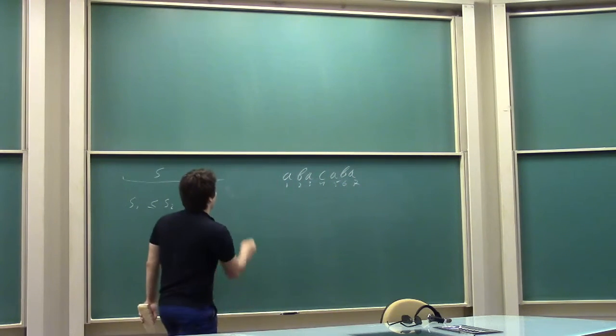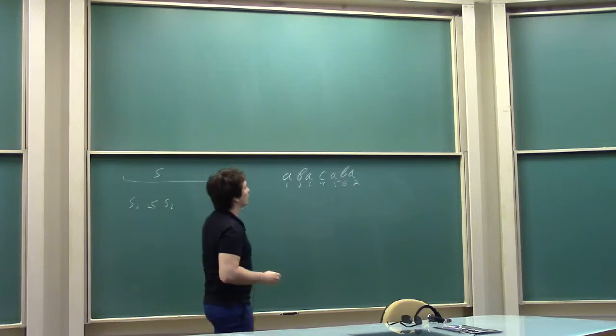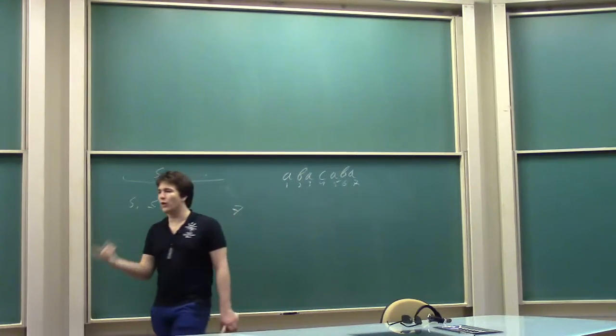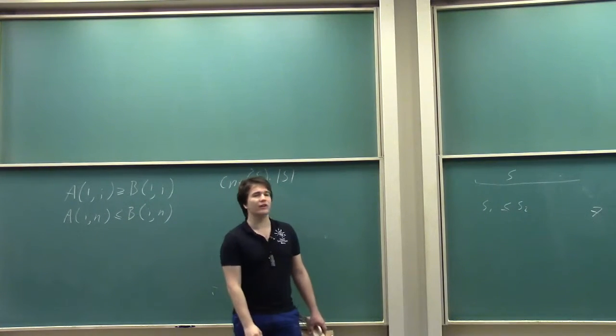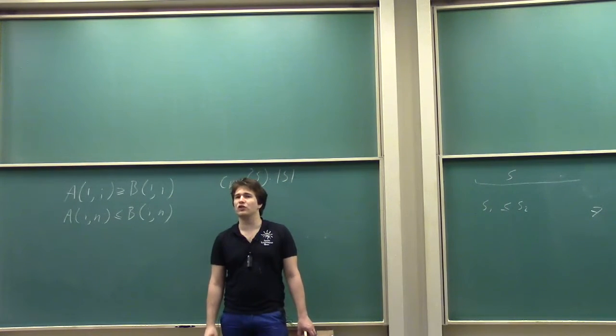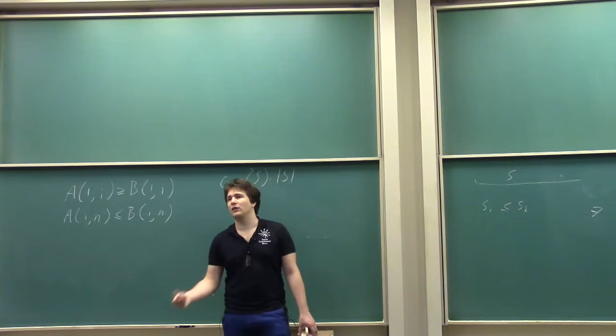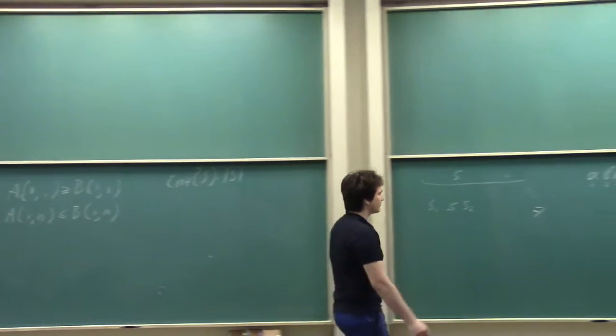The smallest suffix is 7, because if one string is a prefix of another, then we consider the shortest one to be lexicographically smaller.